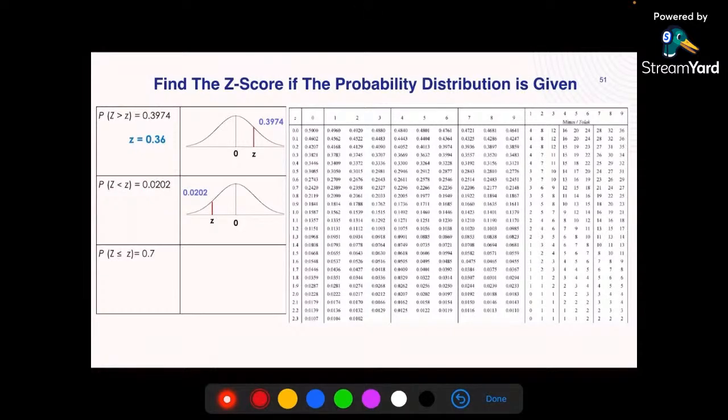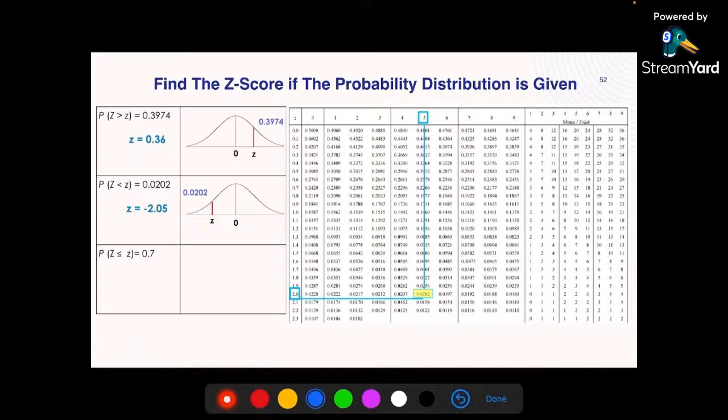0.0202 tu is the value inside here. Dalam ni tau. Area dia. So what we do is, the value here adalah less than, kat sini right. So kita cari yang 0.0202 ni dekat mana. So tengok dekat dalam tu, you akan dapat sini kan, nampak tak?